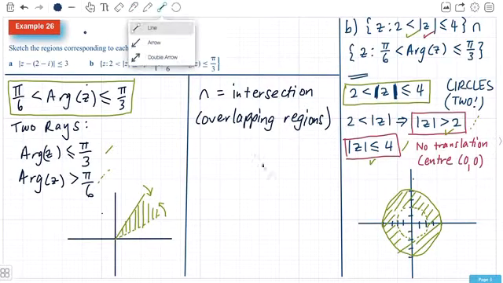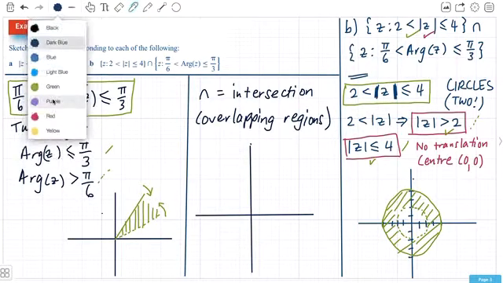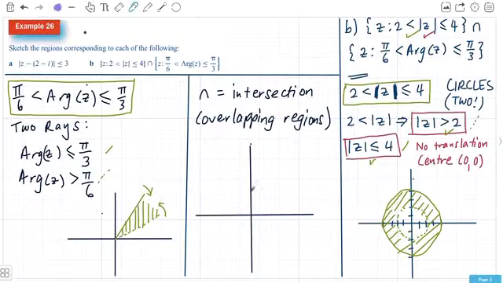So if we do this as our final graph now, and again you could do all of these on the same axes, you don't have to be doing them in pieces like I have. I'm just going to sketch these now, so I'll do these in our first graph. We had our circle at radius 2, our big circle at radius 4.